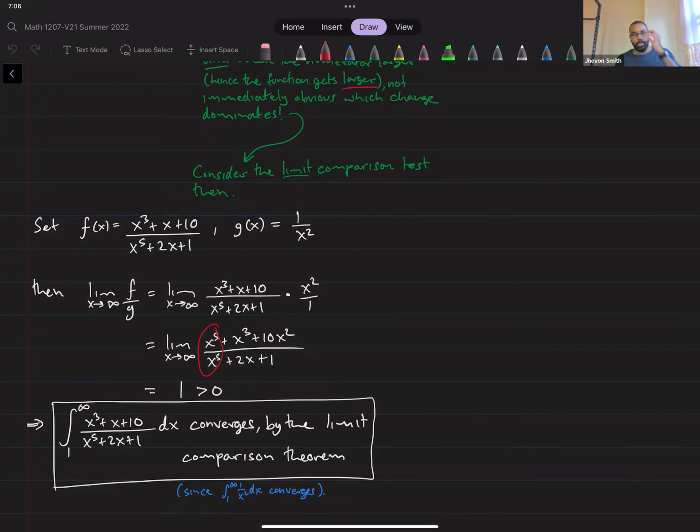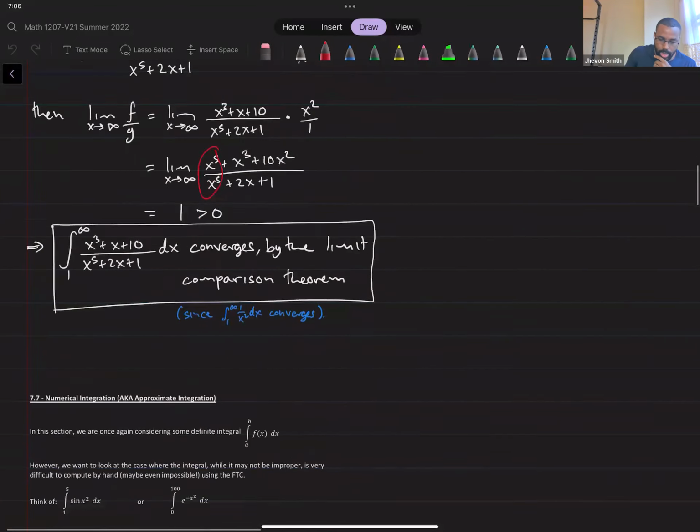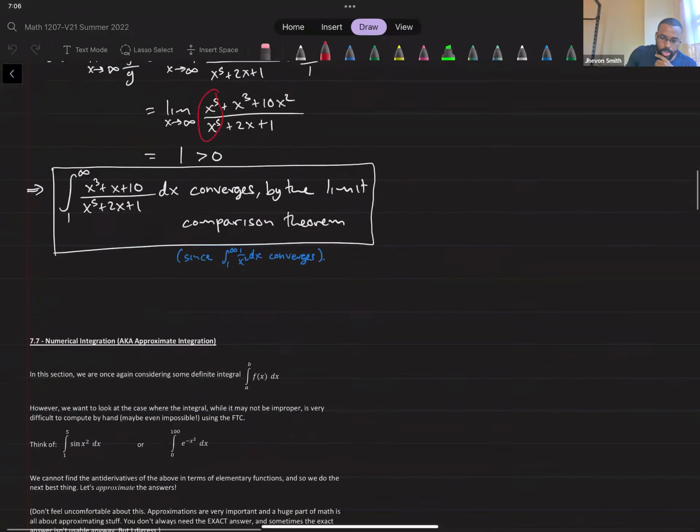So let's move on to the next and last section that we need for the test, which is numerical integration, aka approximate integration. It's actually a very short topic, but I do want to go into some exposition.